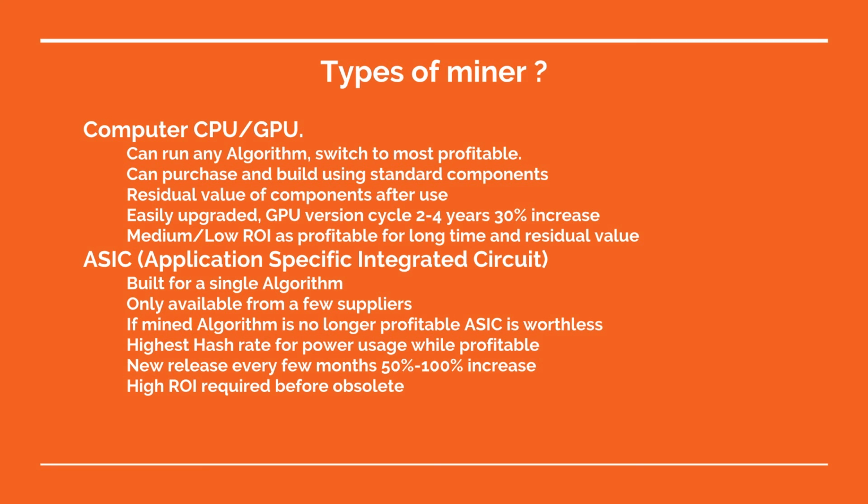New ASIC miners are also released every few months, and the new miners can have a 50 to 100% efficiency increase compared to the previous version. This means that you need to have a very high return on investment on that ASIC miner to ensure you get the money back for it before the release of a new version.